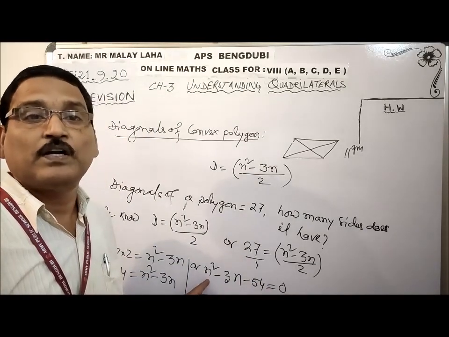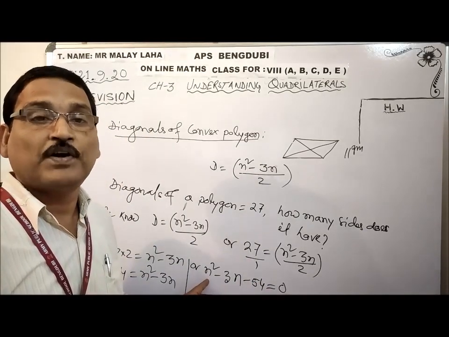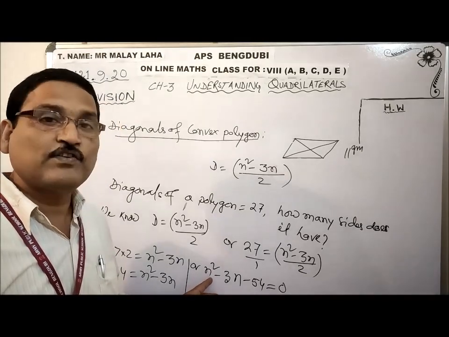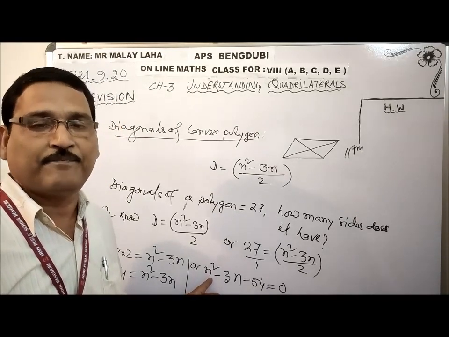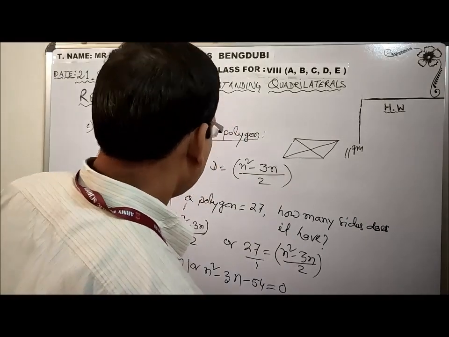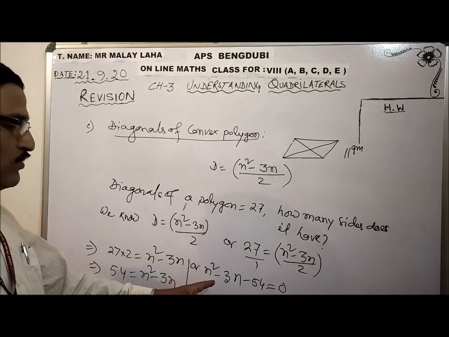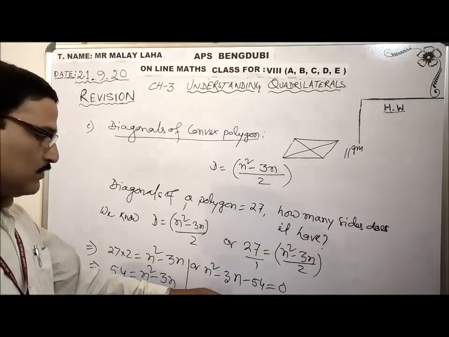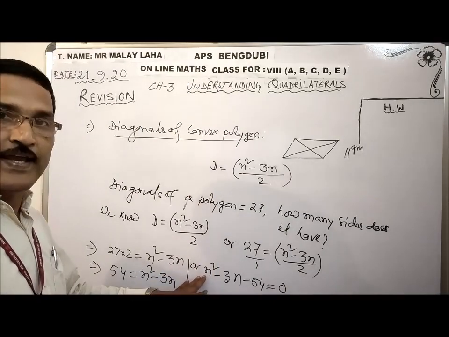What type of equation is this? Quadratic equation. This equation I will solve by middle term factorization, to find out the value of n here.